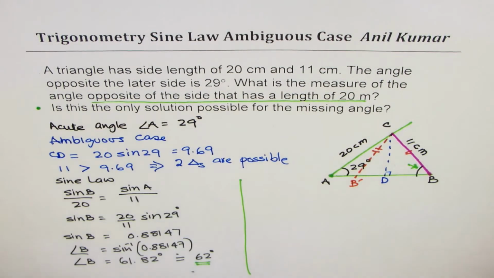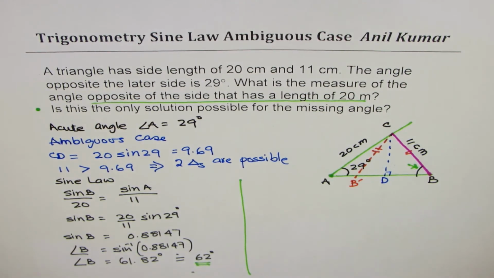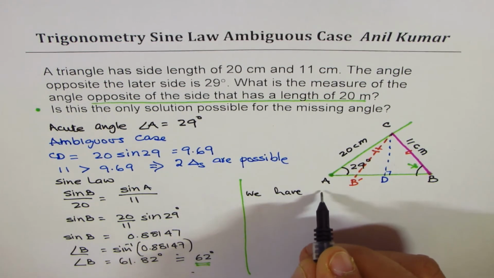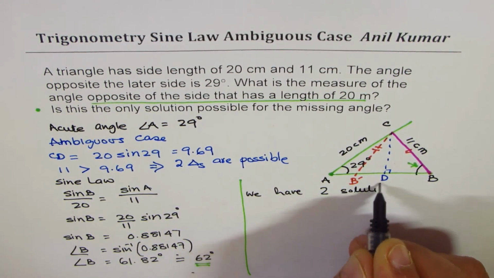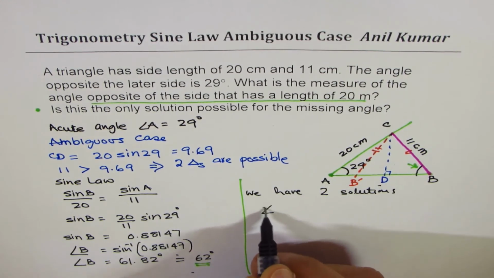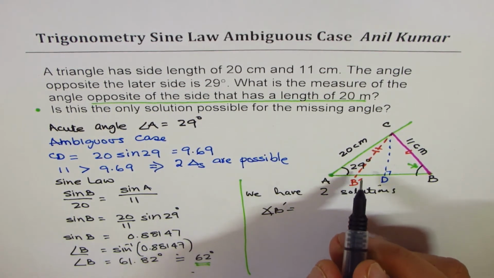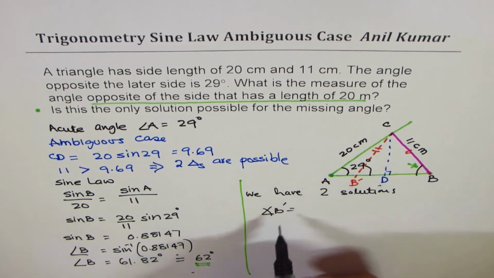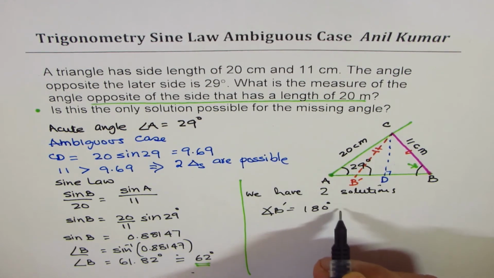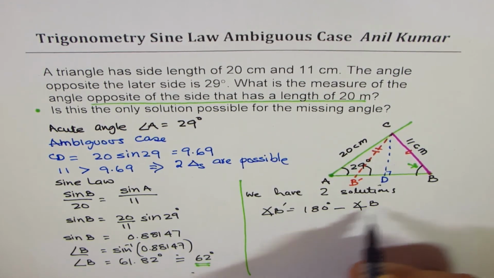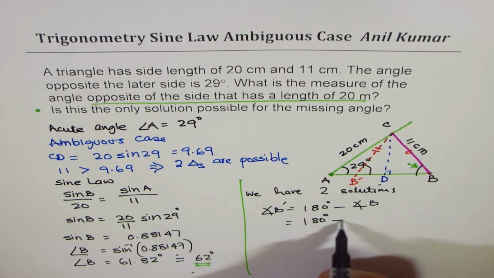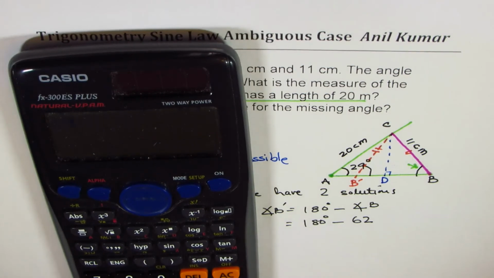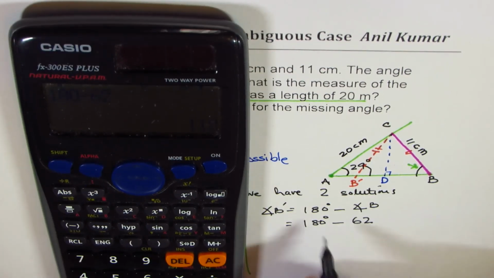Now let's look into the second part. Is this the only solution? Well, we have two solutions. So we can find angle B dash. These two angles are equal in the isosceles triangle, so this is also 62. So angle B dash will be 180 degrees minus angle B, which is 180 minus 62, approximating to 62, equals 118 degrees.